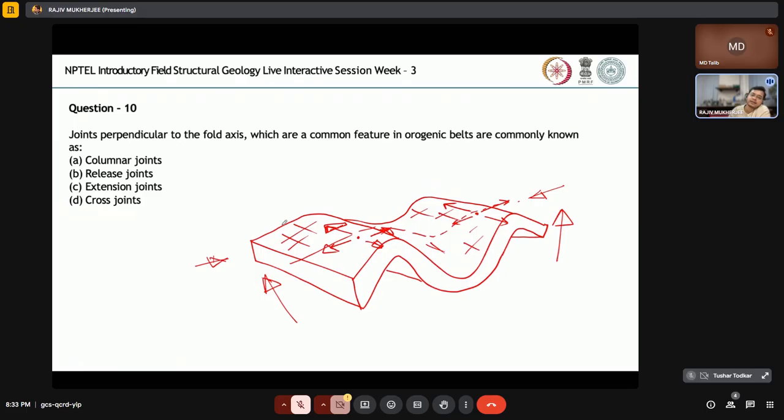So these kind of joint sets which are perpendicular to each other, observed on folded surfaces, they are commonly referred to as cross joints.